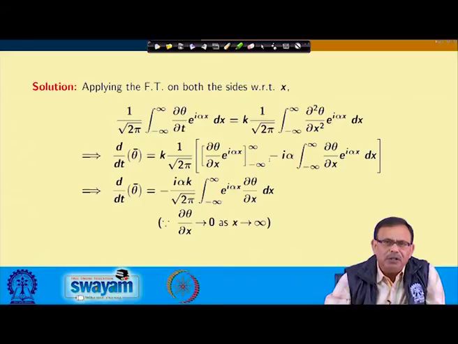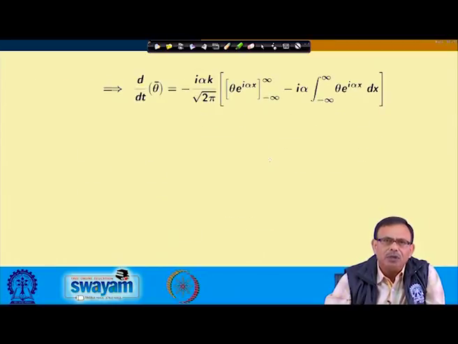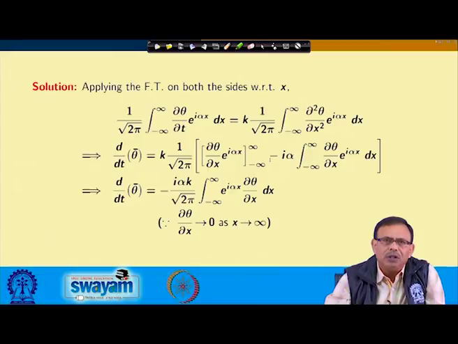By substituting that del theta del x approaches 0 as x approaches infinity, I can find the solution. And as theta approaches 0 as x approaches infinity, the limiting value of the first term will be 0, so I will have only the second integral.